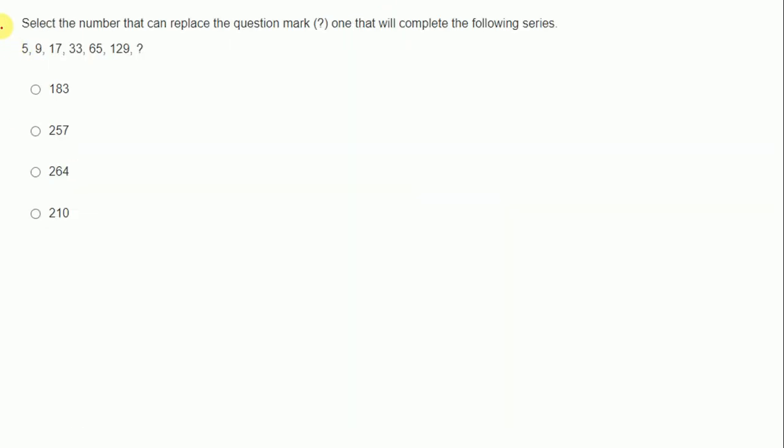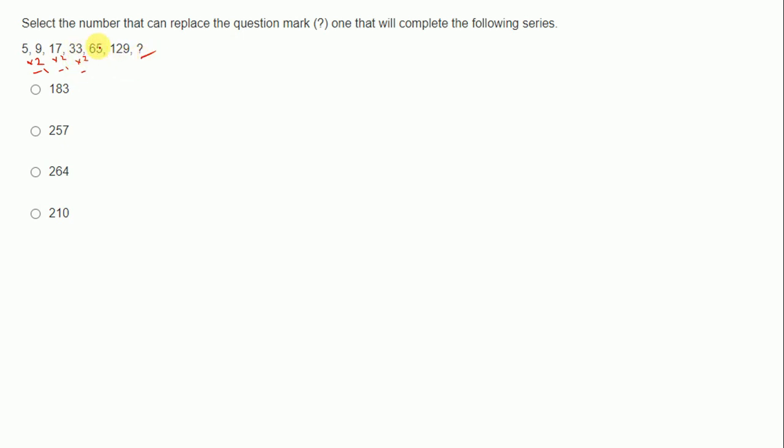Now select the number that can replace the question mark, one that will complete the following series. So 5, 9, 17, 33, 65, 129 and question mark. So here a very simple pattern is followed. 5 into 2 is equal to 10 minus 1 is 9. 9 into 2 minus 1 is equal to 17, 17 into 2 minus 1 is 33.